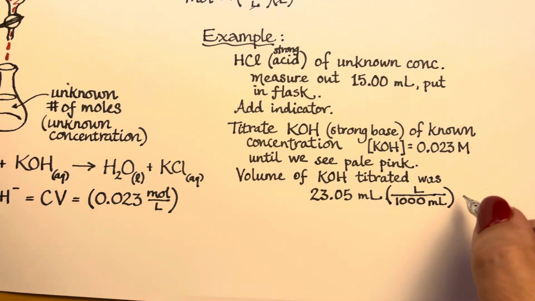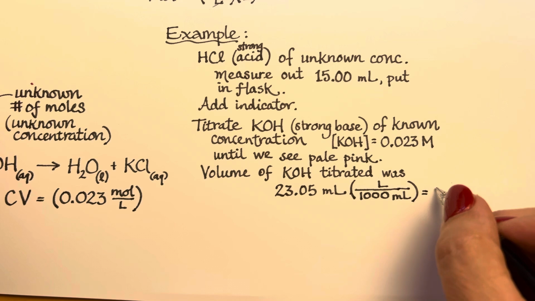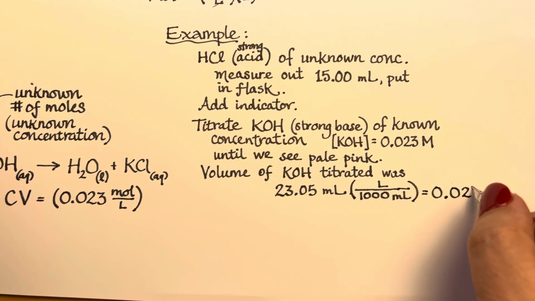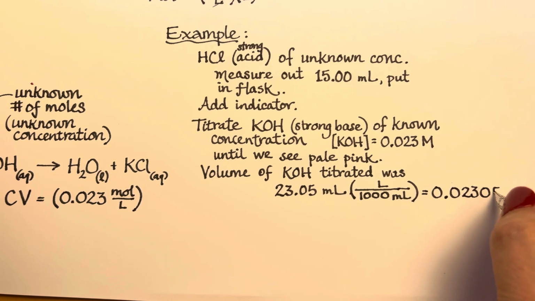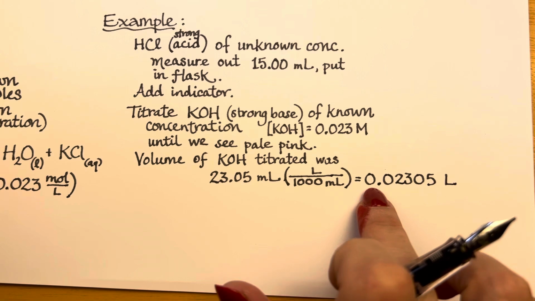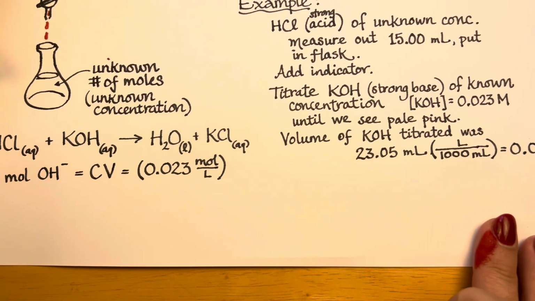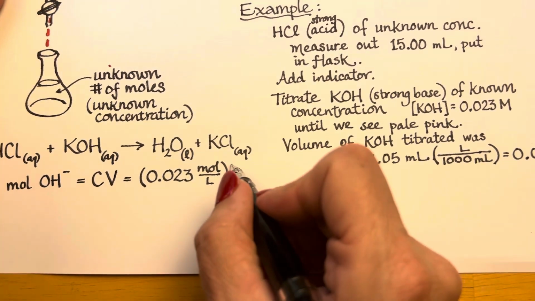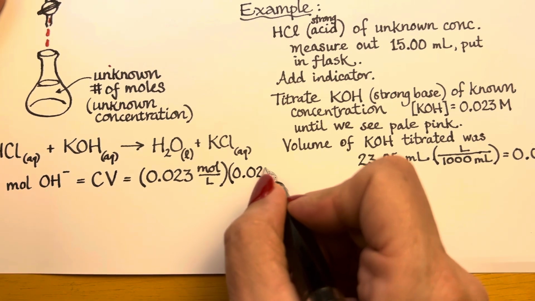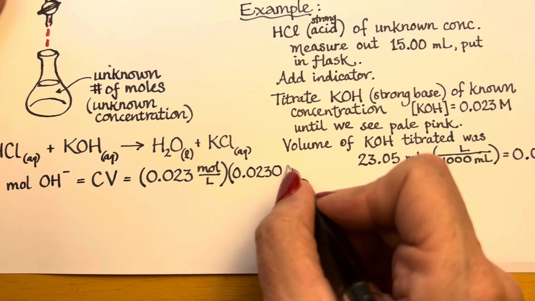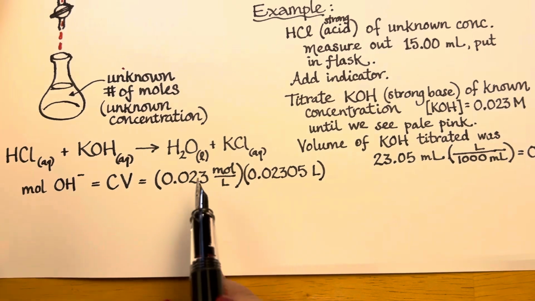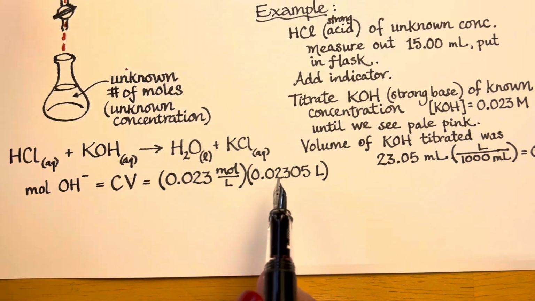So this volume that was used is 0.02305 liters. Okay, so this is our volume. Put this here. 0.02305 liters. Okay, so now we get to multiply these two together.